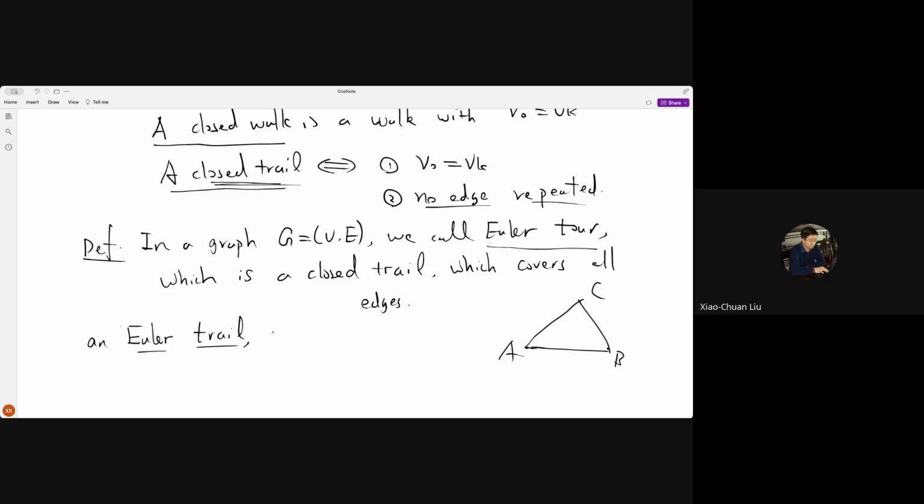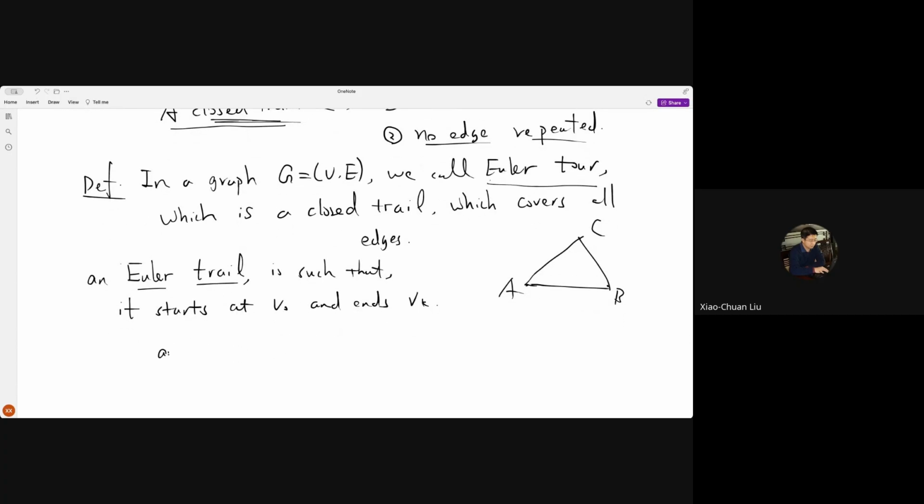It is such that it starts at some V0 and ends at some Vk, for example. Okay, and it covers all edges. It has to be a trail so that no edge is repeated. Okay, this is contained in the definition of a trail.